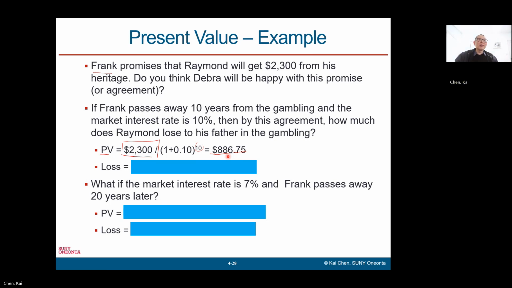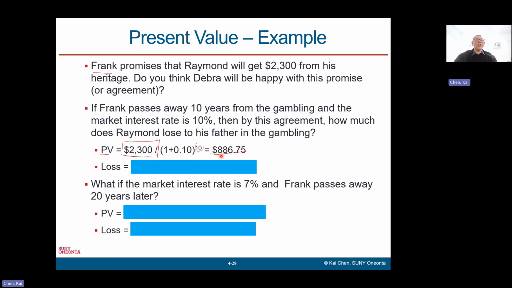Considering Raymond just lost $2,300, plus this promise, what is the net loss for Raymond? Of course, we subtract the value of Frank's promise from the $2,300 that Raymond lost in the gambling.